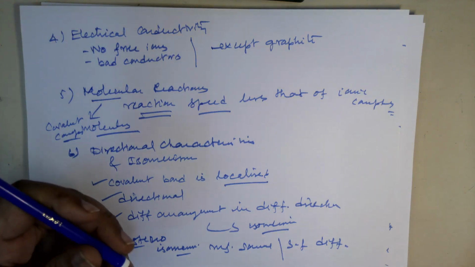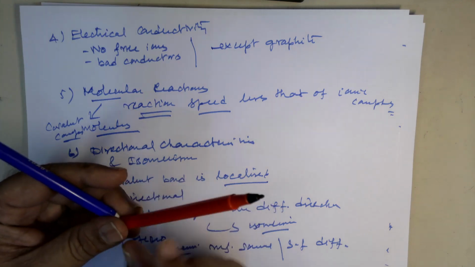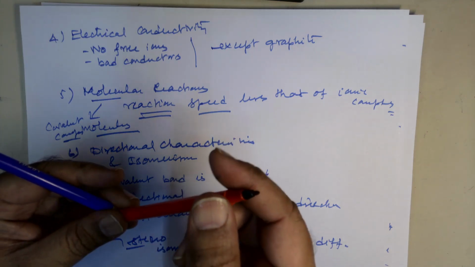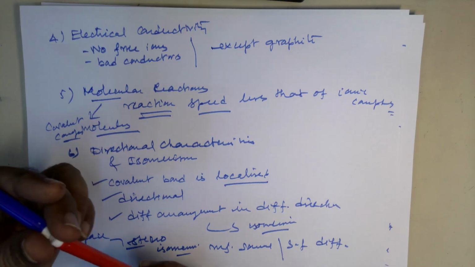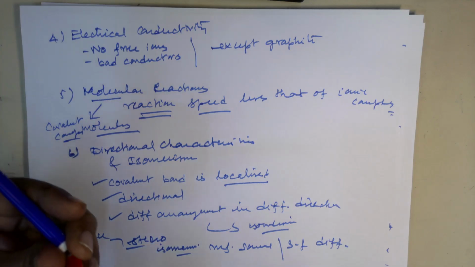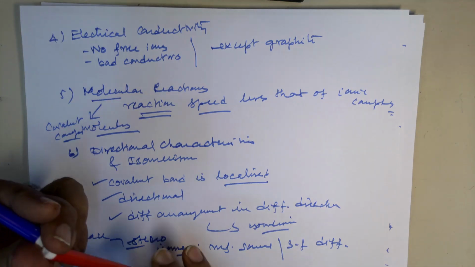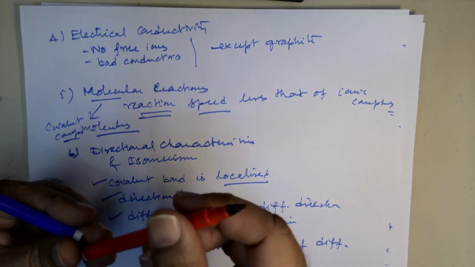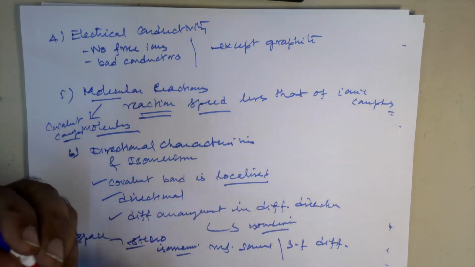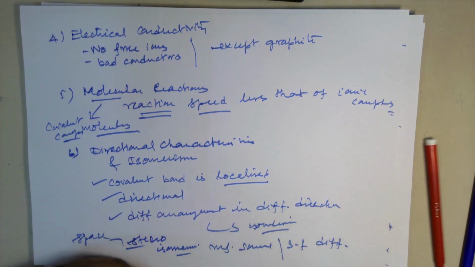For example, let me say there are two C-H bonds like this, and in another case, it can make a bonding arrangement like this. So it is differently located. Because of the directional capacity, they extend in different directions and thereby exhibit two types of isomer.